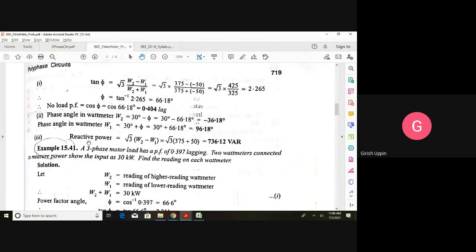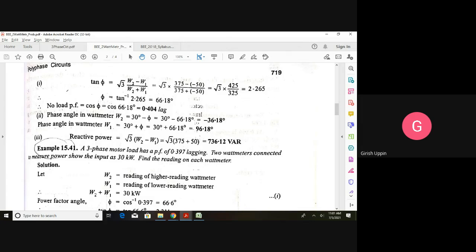Now reactive power. Maybe you can remember one more formula: reactive power is equal to root 3 times W2 minus W1. This is one way to calculate. The other way is, if you have phi, W1 plus W2 is the active power.